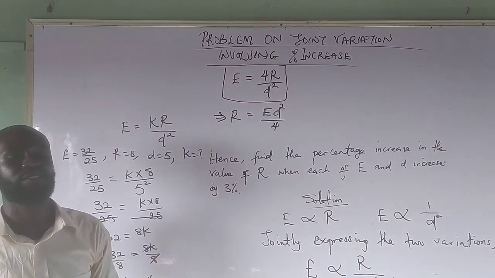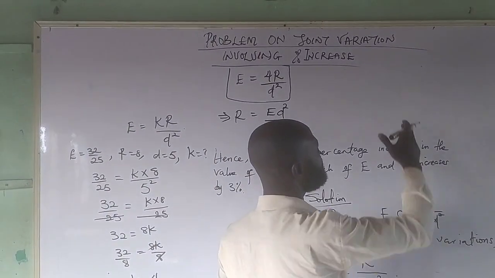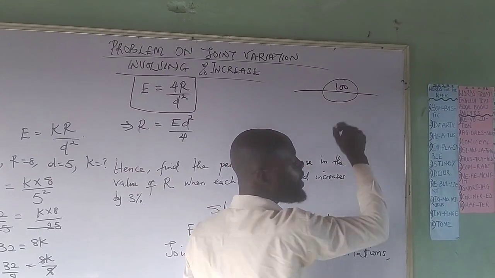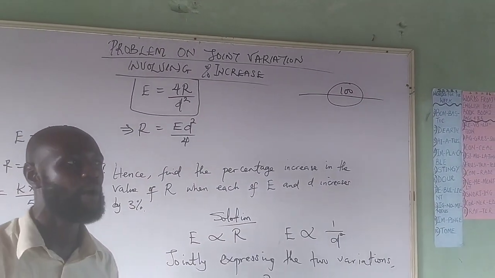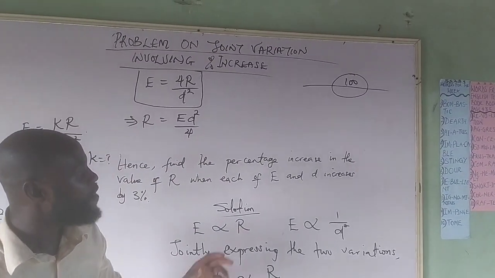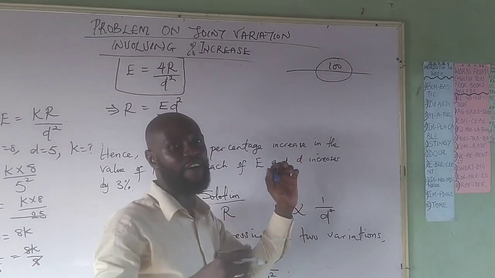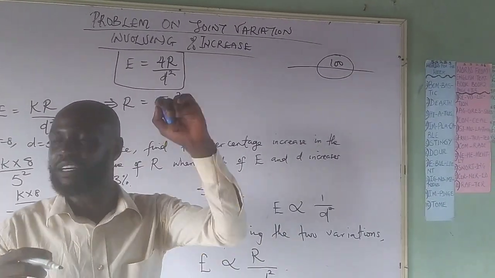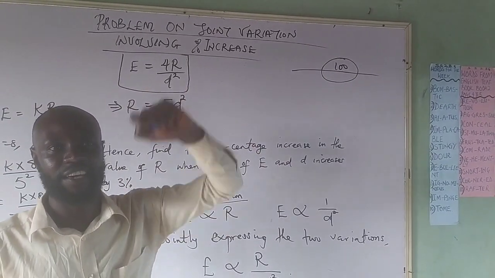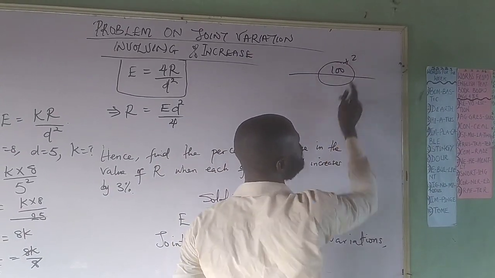When we are dealing with percentage increase, let's say for instance, our 100 is always taken as our basis. So if 100 is taken as the base and you are having percentage increase, simply add the increment to 100. If I'm having a 2% increase, that means I'm going to have just plus 2.